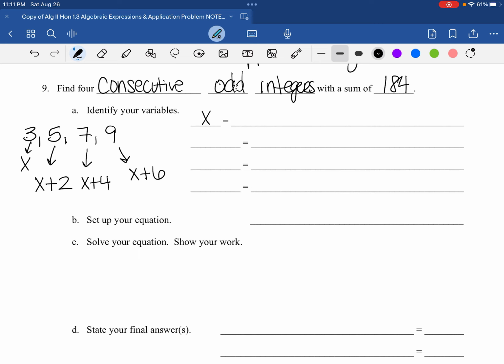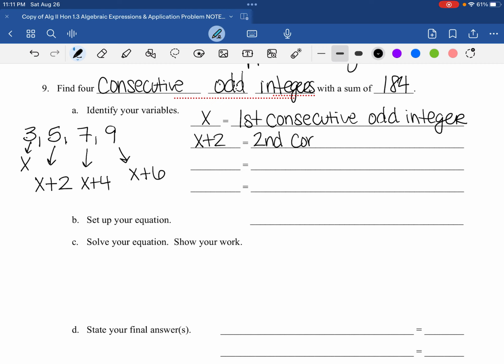So therefore, x is going to represent my first consecutive odd integer. X plus 2 will be my second consecutive odd integer. X plus 4 will be my third consecutive.